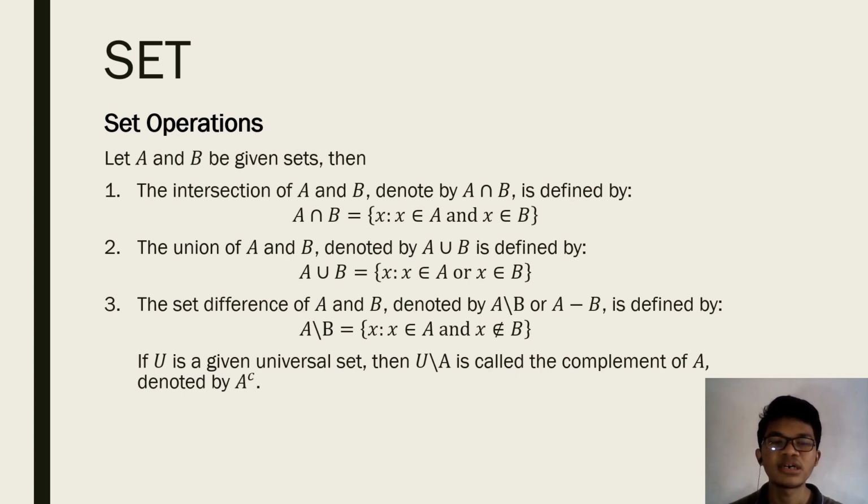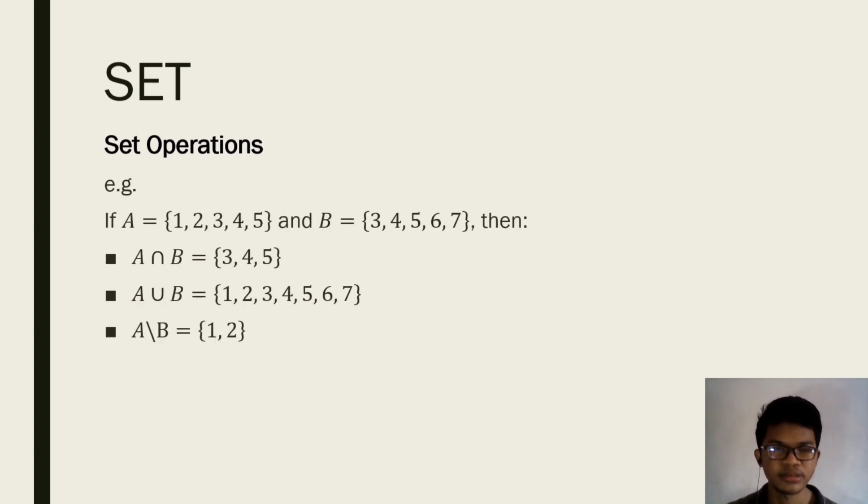Now it's about the example of set operations. For example, if set A equals 1, 2, 3, 4, 5 and B is the set of 3, 4, 5, 6, 7, then the intersection of A and B equals 3, 4, 5.